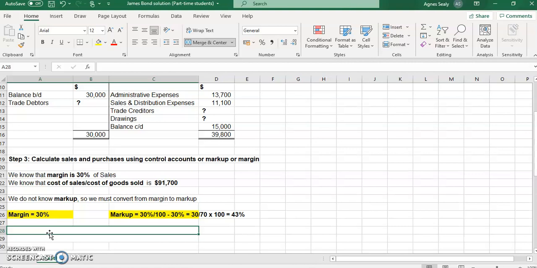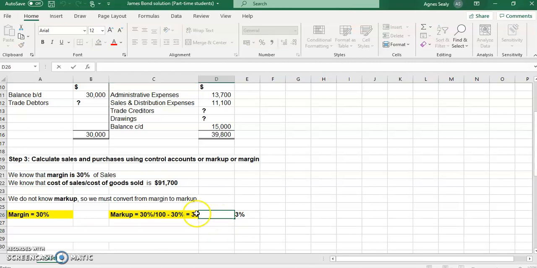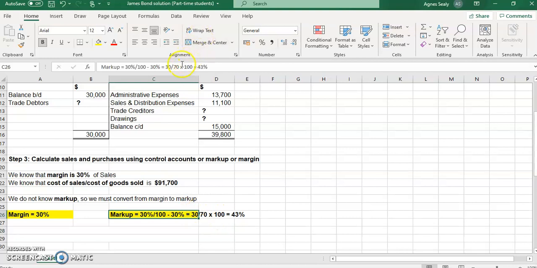Instead of just the 43%, I'm going to use 3/7, which is 30 on 70, because when you divide 30 by 70 you get 3 on 7. I'm using the fraction instead of the 43% because we will need to use all of our decimal places.